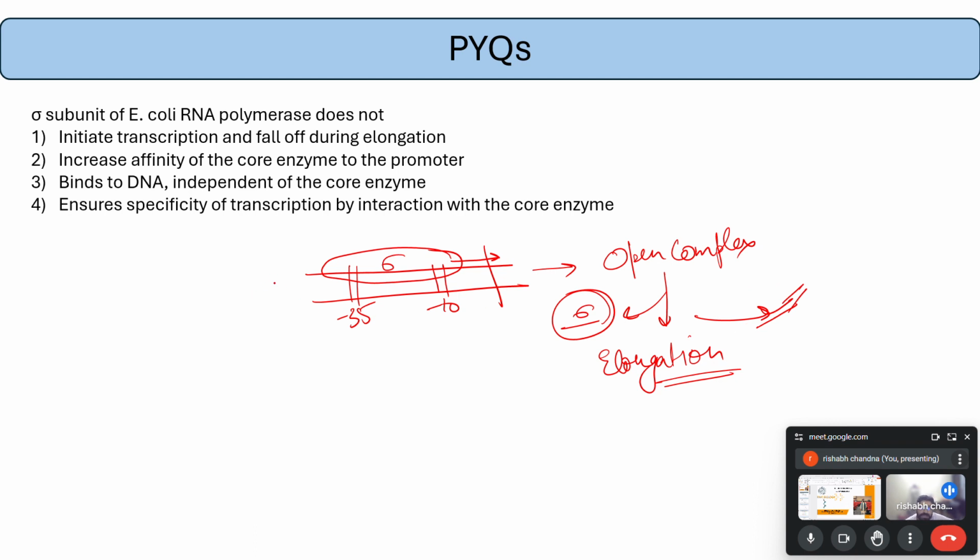Okay, so it initiate transcription and follow up during elongation. Yes, it increase affinity of the coenzyme to the promoter. Yes, because the RNA polymerase cannot bind to the promoter directly, so it increases the affinity of RNA polymerase to the promoter. It binds to DNA independent of the coenzyme. Okay, it ensures specificity of transcription by interaction with the coenzyme.